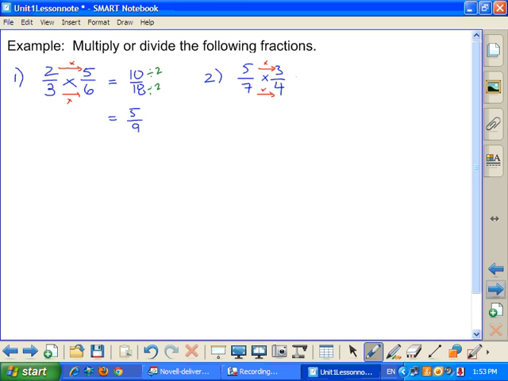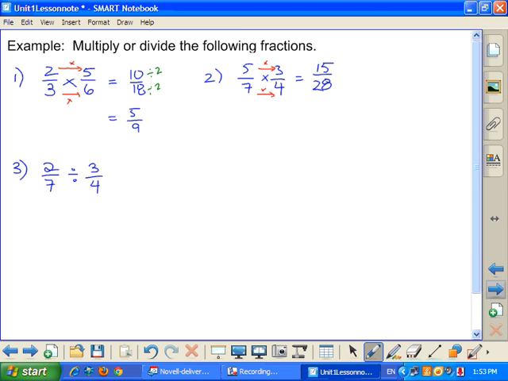So 5 times 3 is 15, 7 times 4, 28. Okay? Do a couple of dividing examples. So let's go with 2/7 divided by, let's go with 3/4. Not that that's overly hard.